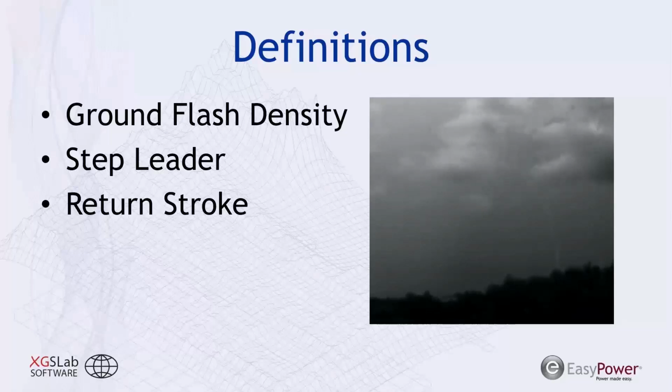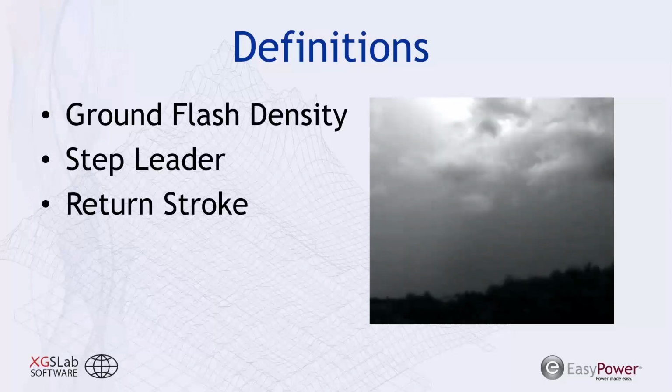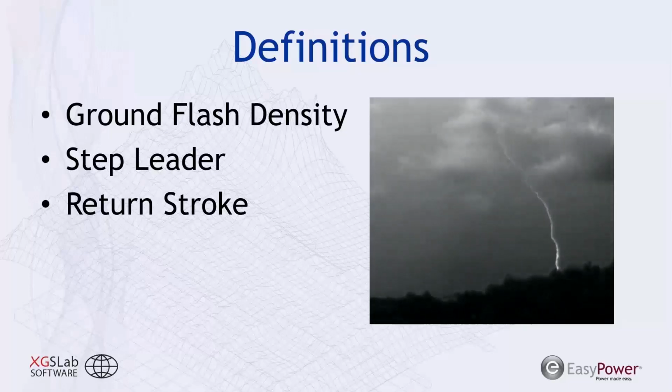Again, that can be either a negative stroke or a positive stroke. That first stroke is really what we are concerned about causing damage to our infrastructure, whether it's a building, a substation, or a transmission line.